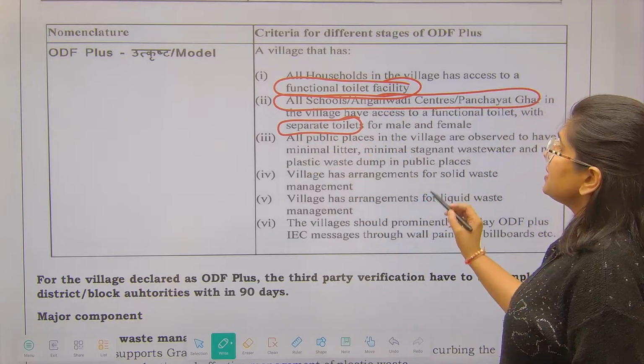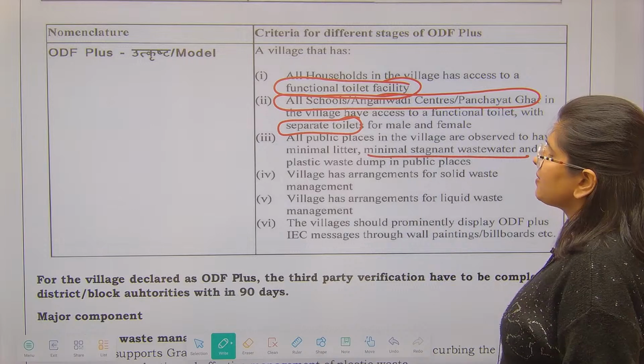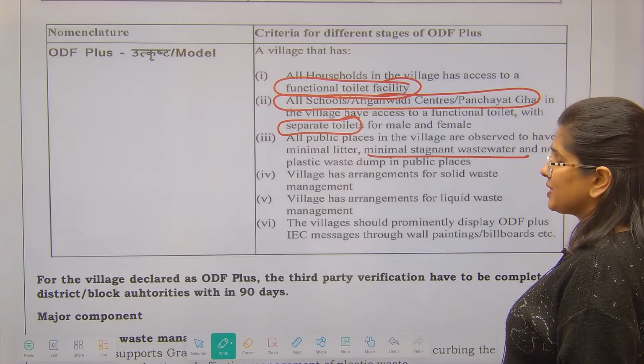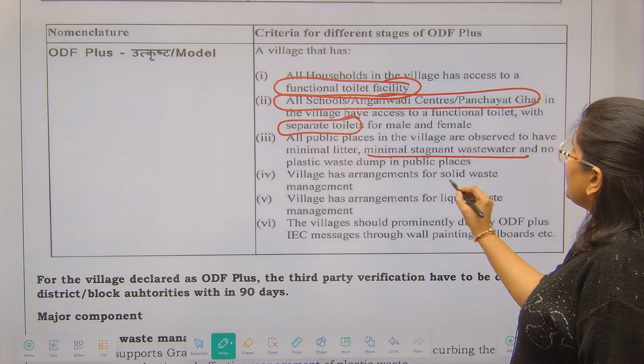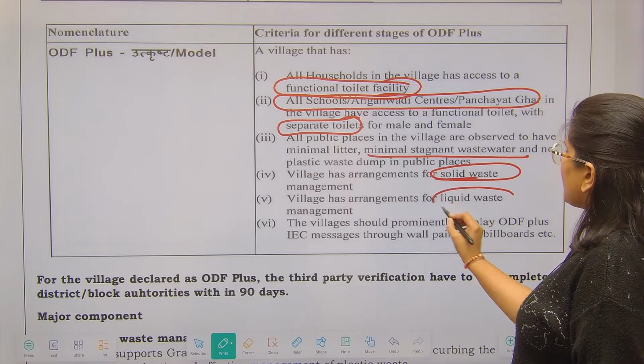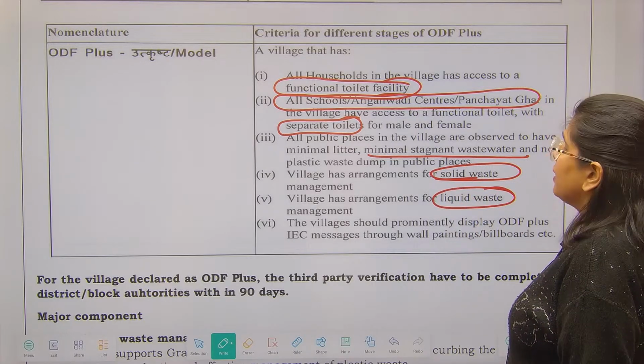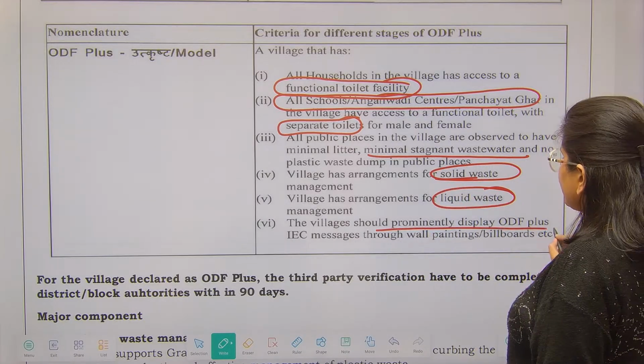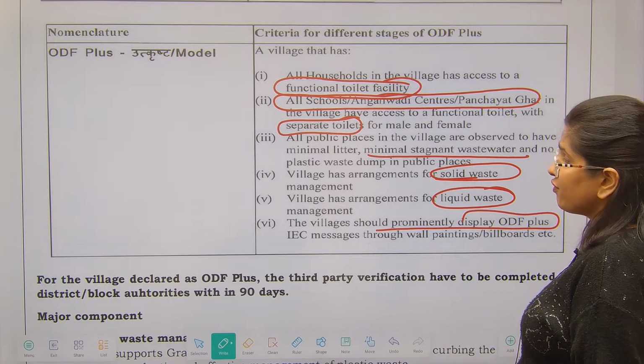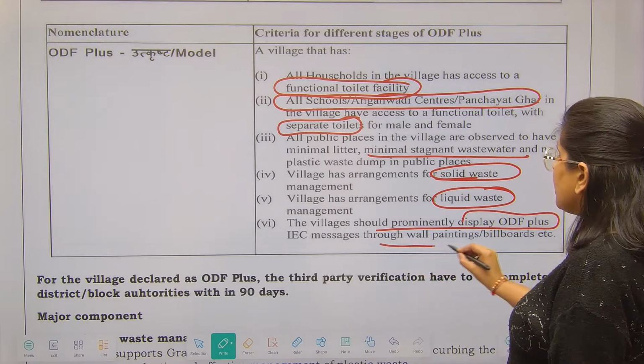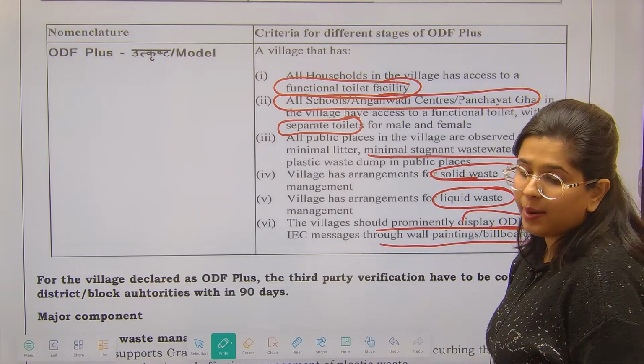All public places should have minimum litter, and plastic waste dumping in public places should be prohibited, right? The village should have solid waste management and liquid waste management, and the village should prominently display ODF plus IEC information and communication messages through wall paintings and billboards, right?